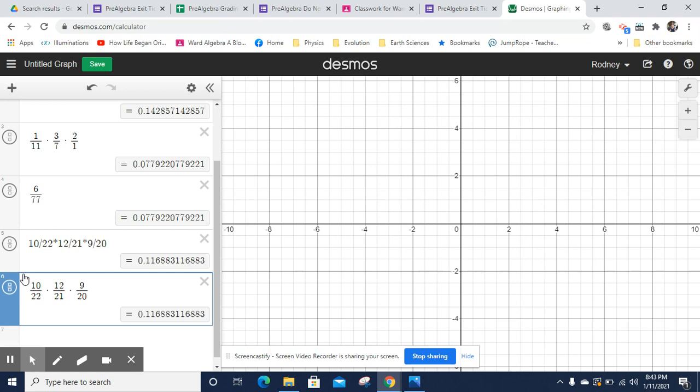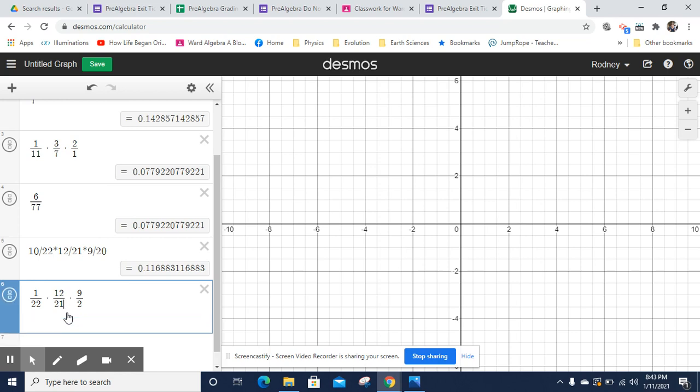And let's start cross-reducing. Again, the 10 and the 20 can boil down to a 1 over 2. We can factor the 12 and the 21 down to 4 over 7: factor a 3 out of 21, that gets us 7; factor a 3 out of 12, that gets us a 4. And then the 4 can simplify into a 2 with the 22, and this becomes an 11.